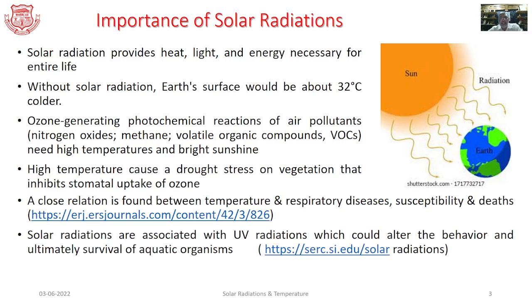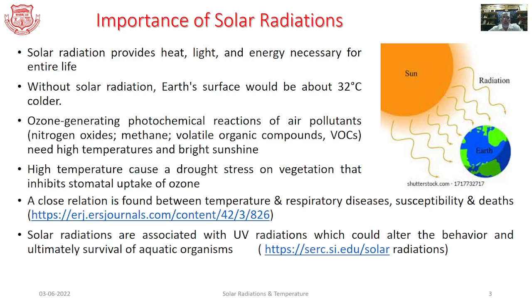If we consider the vegetation, the high temperatures which induce drought stress inhibit the stomatal uptake of the ozone.